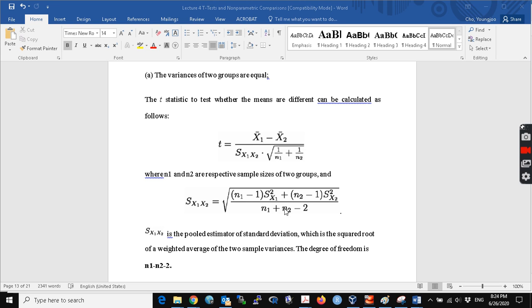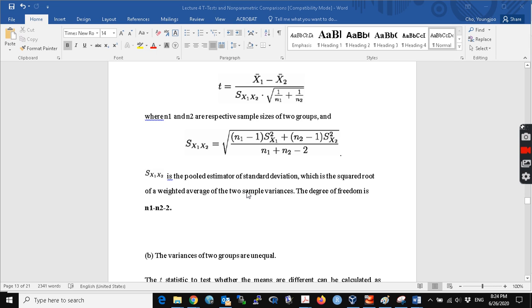So we pool together their sample variances and derive one pooled sample standard deviation for them, and then we take the square root of 1 divided by n1 plus 1 divided by n2 and multiply it by the pooled sample standard deviation.